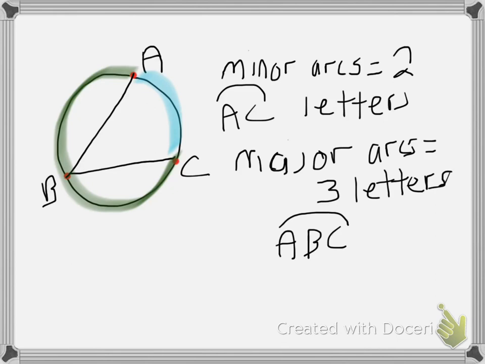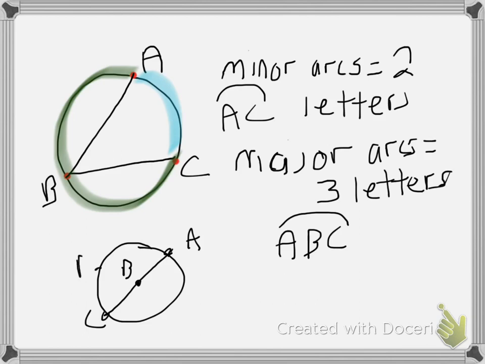So for example, if I were to draw this, ABC, I could put a point D here, and I could say that I have arc ADC, and since it's going through the diameter, creating a diameter and going through the middle, you know that this is a semicircle, and you know that the measure of that equals 180 degrees.